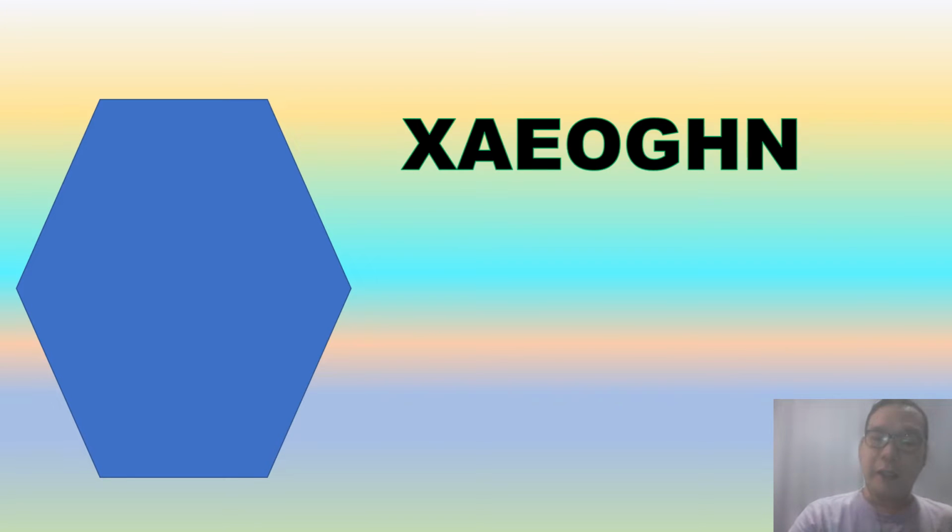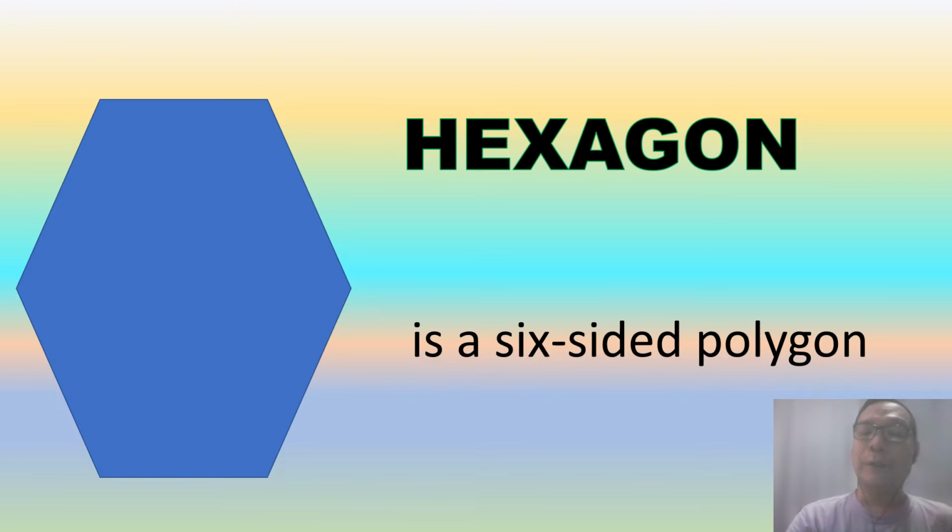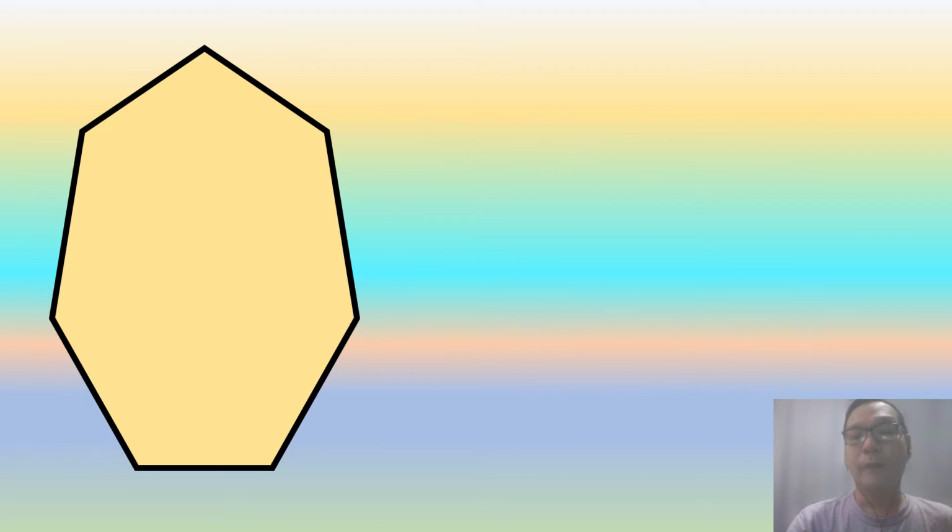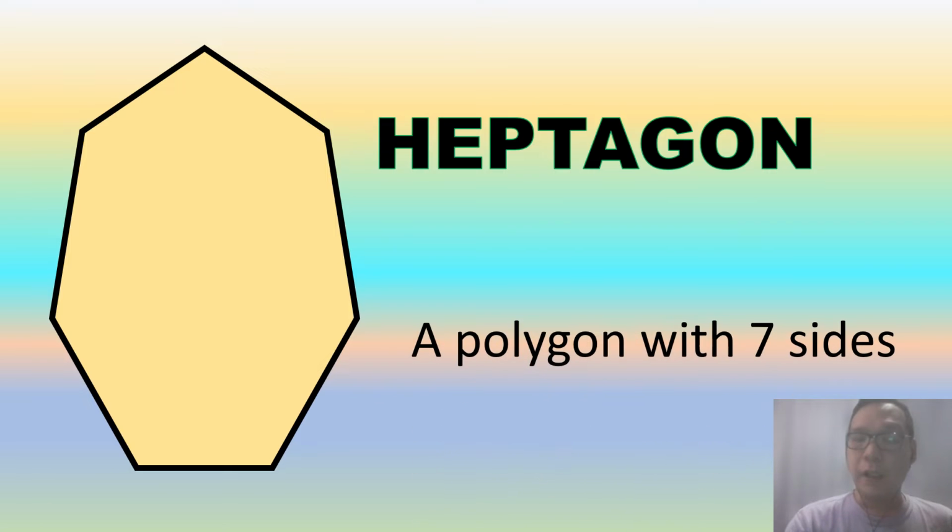A polygon with six sides and six vertices is what we call a hexagon. Remember, a hexagon has six sides and six vertices. Heptagon is a polygon with seven sides.